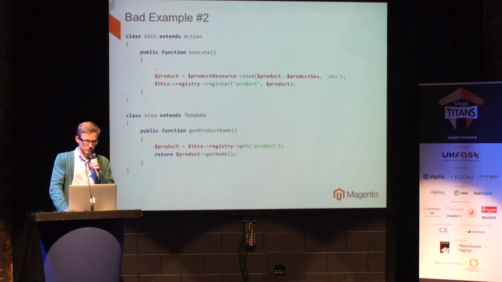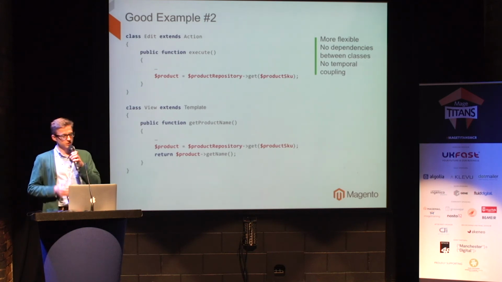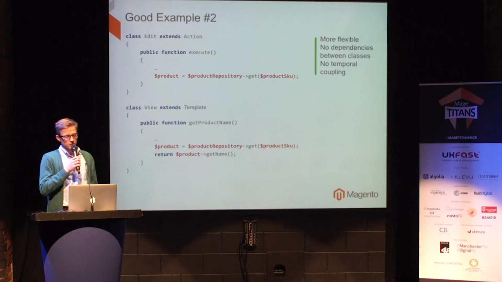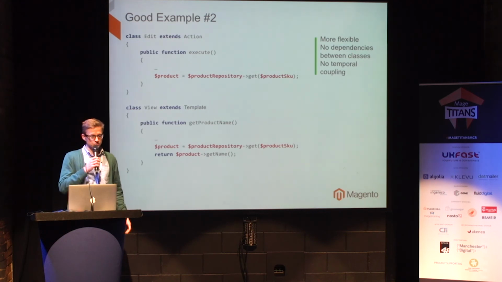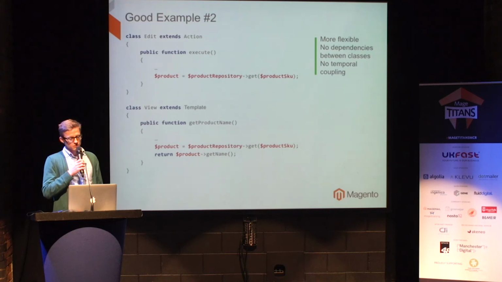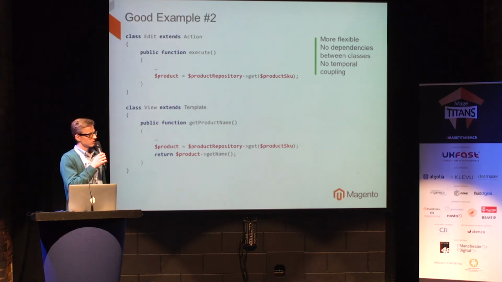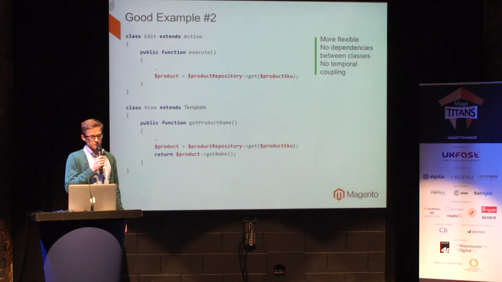And one of the options to refactor this code is to use a repository. So in both places, we can use the repository to get the product by SKU. The repository will cache the loaded product, so there will be no performance implications. And if we don't need the product in the controller anymore, we can remove it. If we want to reuse our view in some other place, we can also do that because it doesn't depend on the controller.